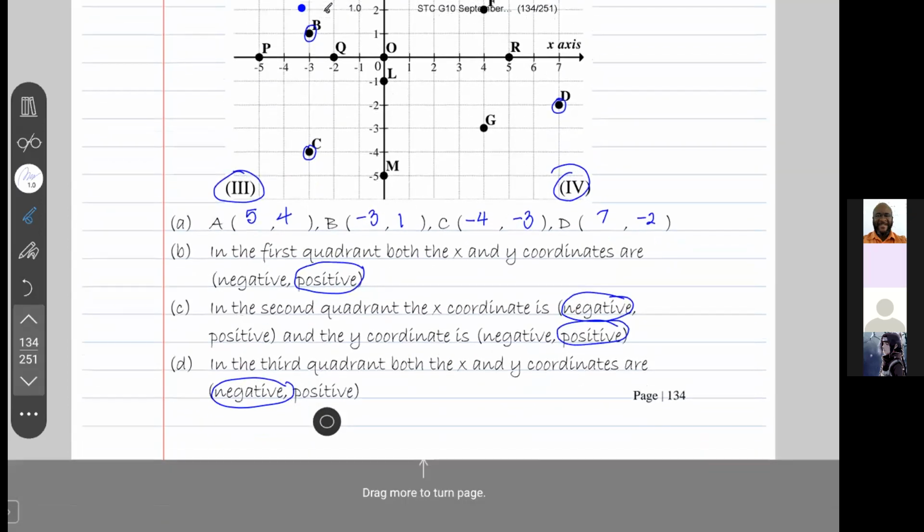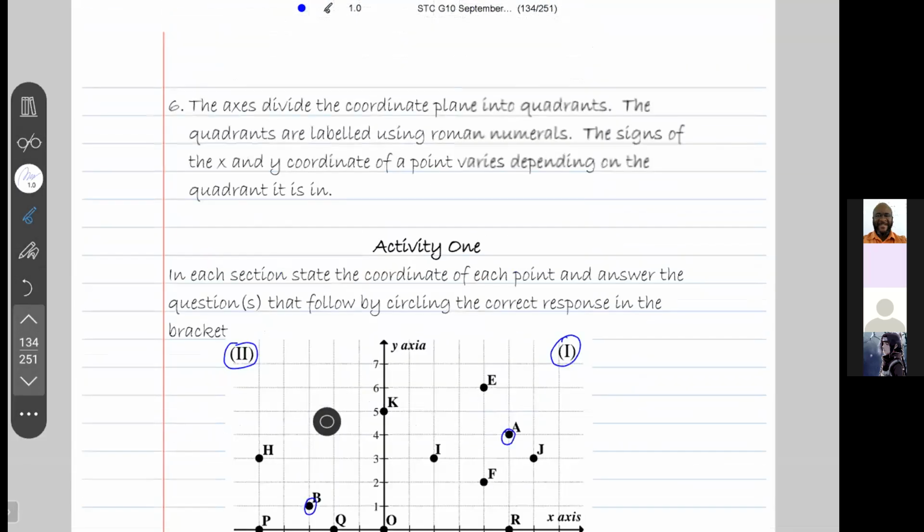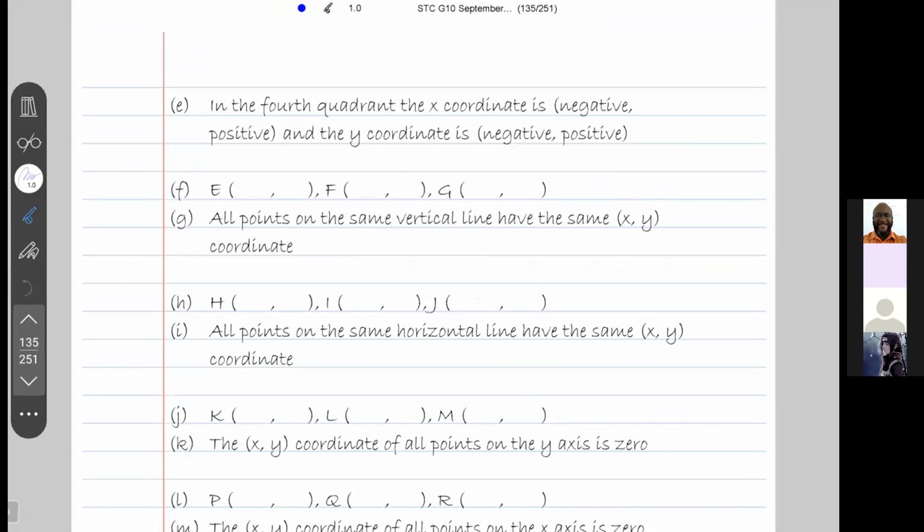All right, turning the page. Joanna, your question. In the fourth quadrant, the X coordinate is negative or positive? Positive. Very good. And the Y coordinate is negative or positive? Negative. Very good.